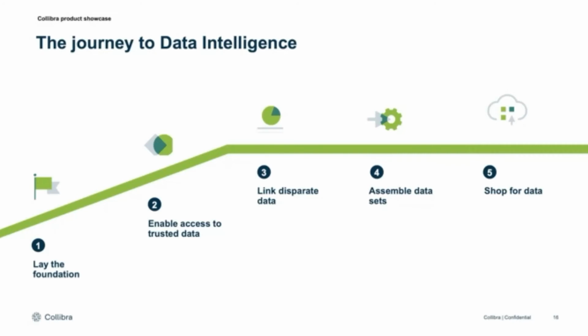Now, before you can get to that shopping for data point, you have to move to point 1, and you have to lay the foundation. So you have a bit of a journey to get your organization ready for data intelligence. And the foundation is all about aligning terminology, driving the policies, and so on and so forth. And then you enable the access to trusted data. So you provide, for example, a catalog so people can easily find what data and data sets and data products are already available.